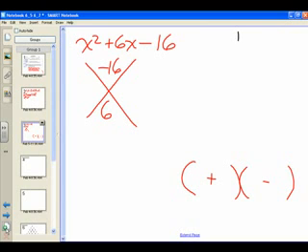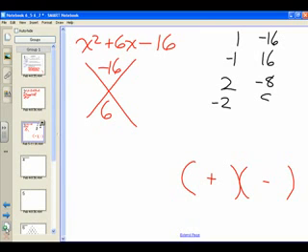So I can have 1 and negative 16, negative 1 and positive 16, 2 and negative 8, negative 2 and positive 8, negative 4 and positive 4. All of these multiply to give me negative 16. Which one will add to give me positive 6?